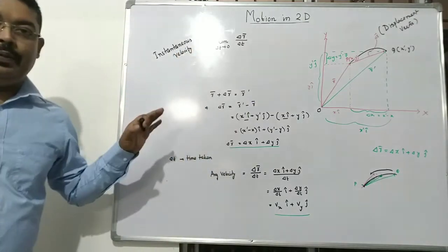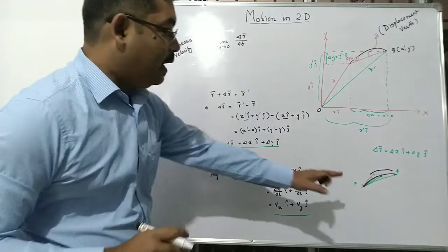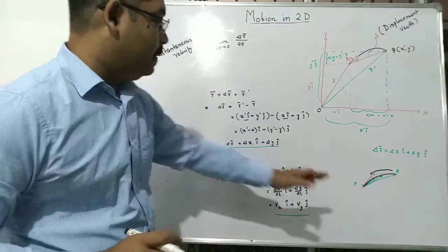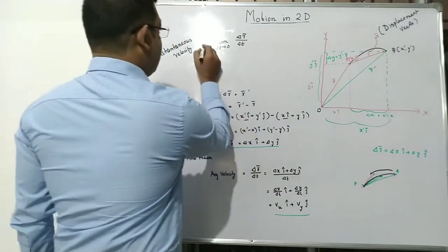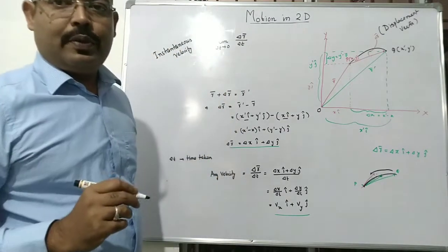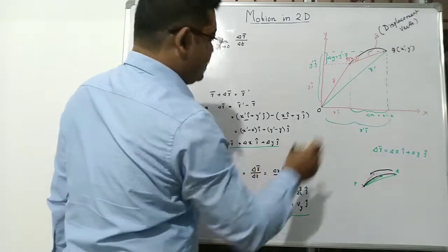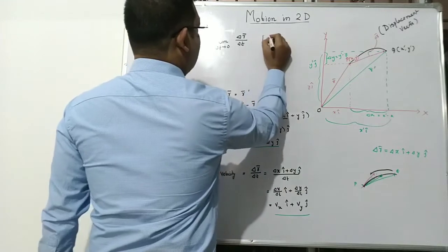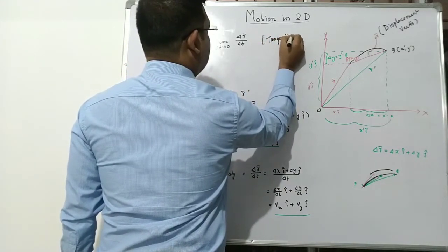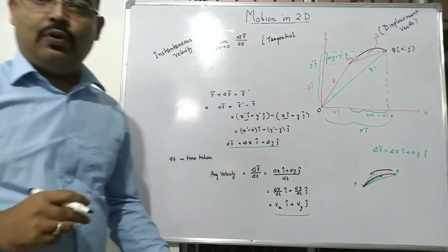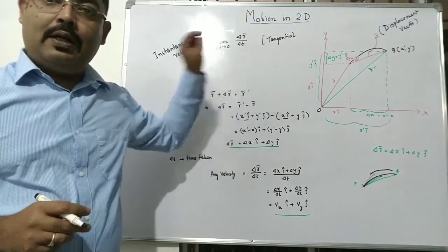In this particular limit, the direction of the displacement will be tangential to the path, and so the direction of the instantaneous velocity will also be along that tangent. So instantaneous velocity is always tangential to the path followed at the point where the velocity is measured.